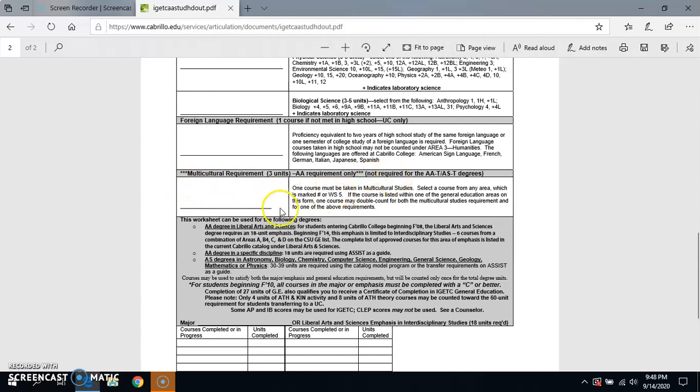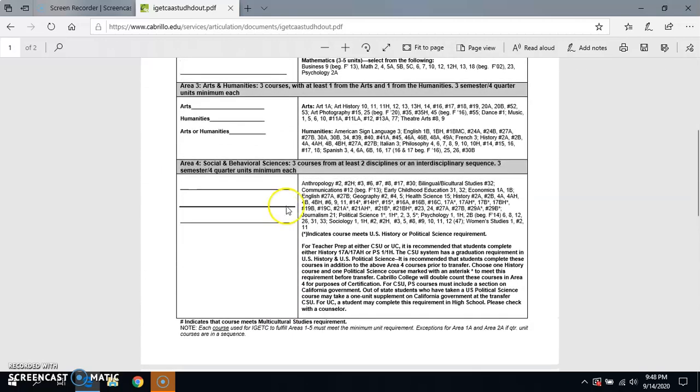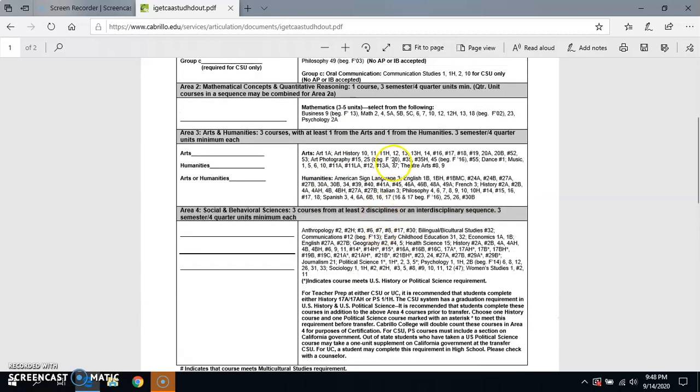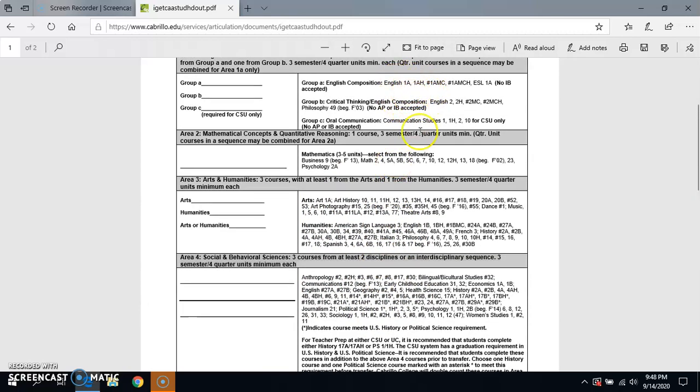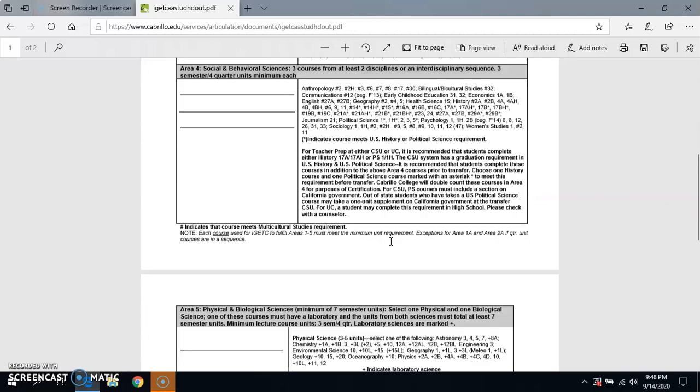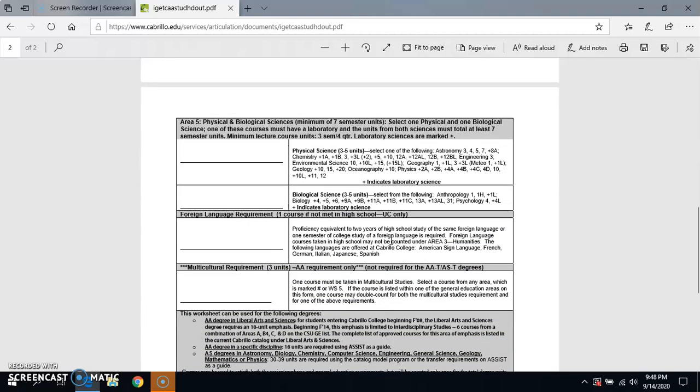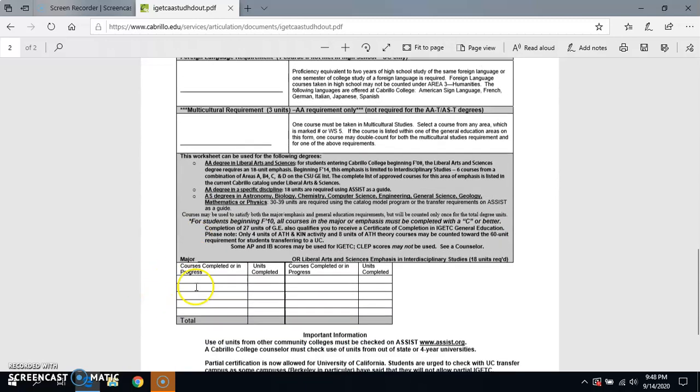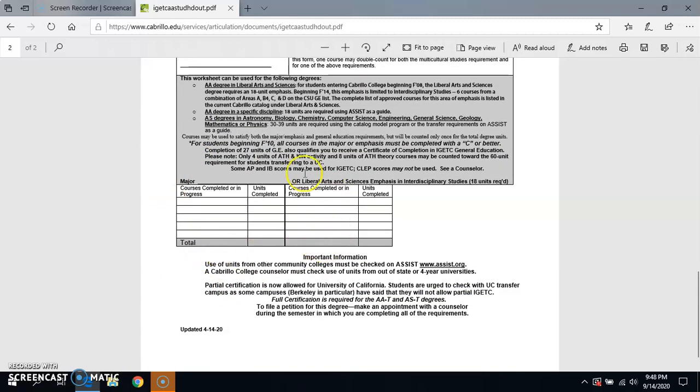Remember, multicultural courses are those that either fall in here, or possibly some fall up over here that have a little hashtag. For example, Art History 16. That is specifically for Cabrillo and not required for transfer. Once again, the multicultural.